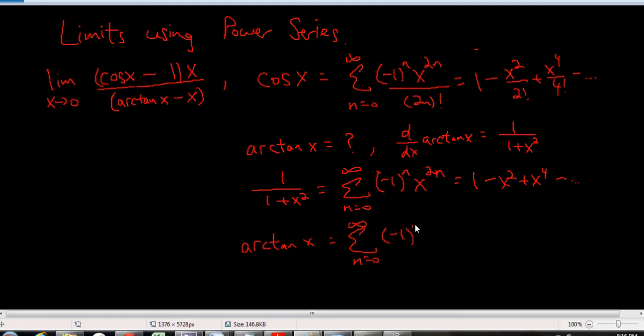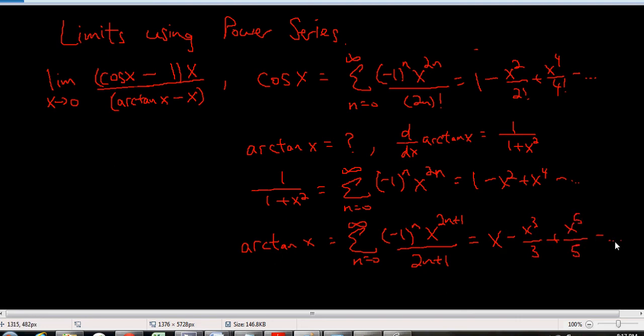So negative 1 to the n, I'm just integrating x to the 2n plus 1 over 2n plus 1. You can either plug in the n values, or you can just integrate term by term. And I get that.